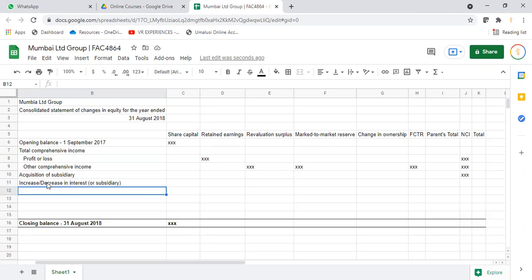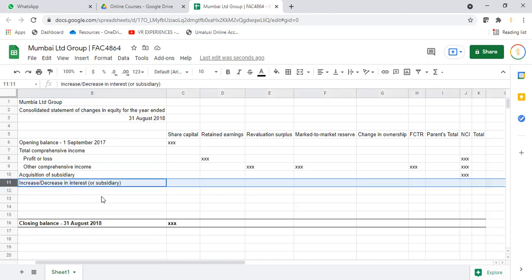So an increase means you went from a smaller sub to a bigger sub. A decrease means you went from a bigger sub to a smaller sub. But both before and after the ownership transaction, you are still a subsidiary. Like in this case, we sold a few shares, so there was a decrease in our interest, but before and after we were still a subsidiary, so we will have that over here.